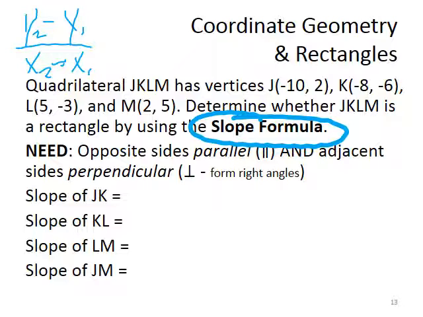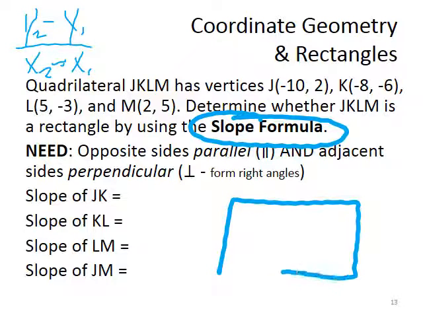So in order to show if a quadrilateral is a rectangle using slope, again, you kind of have to show first, is it a parallelogram? So our opposite sides parallel. Then if that's true, you look at the adjacent sides, or sides that are right next to each other, and see if those are perpendicular, because perpendicular means they're forming right angles, and we know that all rectangles have 4 right angles. All right, so again, you can kind of visualize on the graph, we got a quadrilateral.